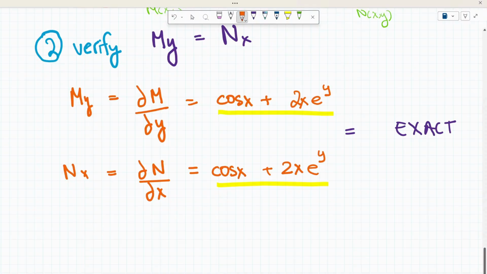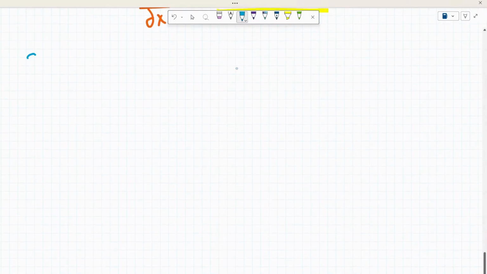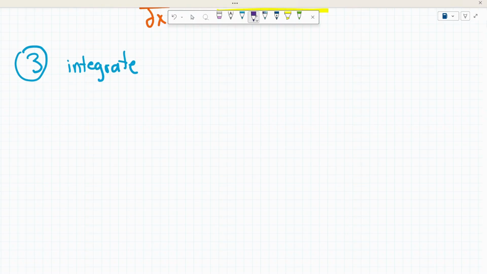So now we're going to move on to step 3, where we're actually going to solve this. If you recall step 3, we now have to integrate both of our terms separately. Let's start with our M function.